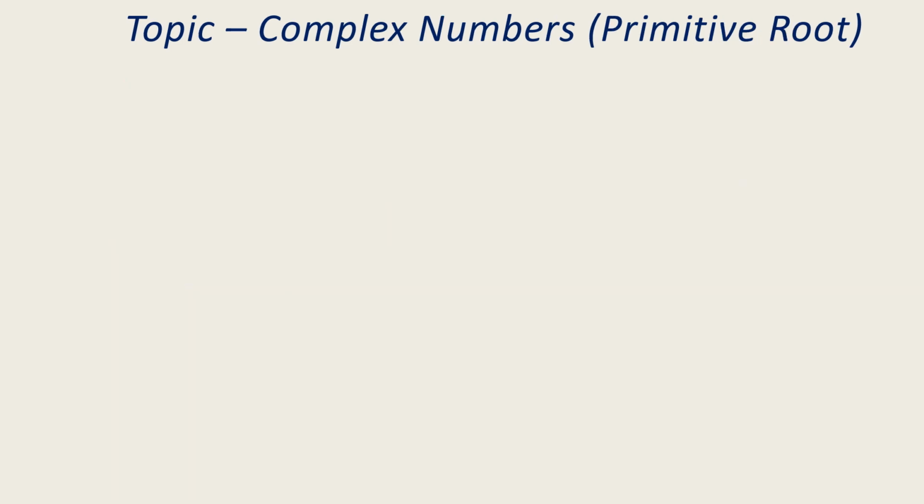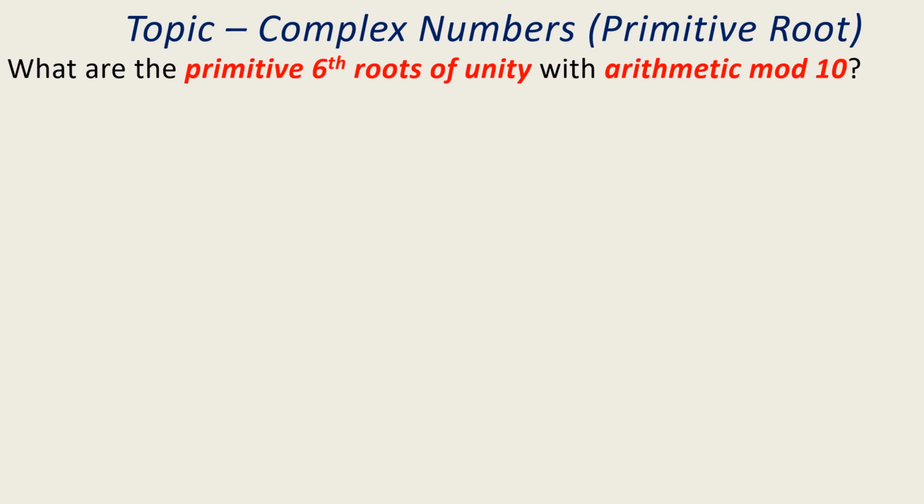One of the topics that arises, particularly with respect to the Fourier transform, which you will not be asked any detailed questions about, concerns this notion of a primitive root of unity.